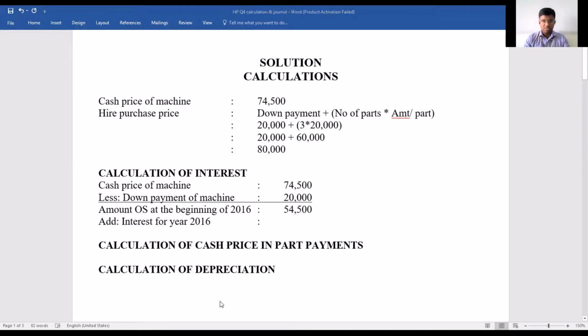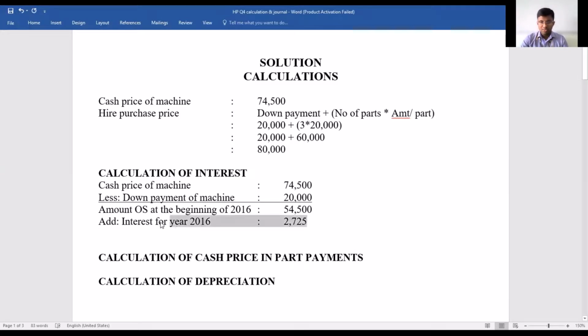We know that interest is calculated at 5%. 5% of what? 5% of the outstanding amount, which is 54,500, and that works out to be 2,725. So we have computed the interest on the outstanding amount, and that works out to be 2,725.